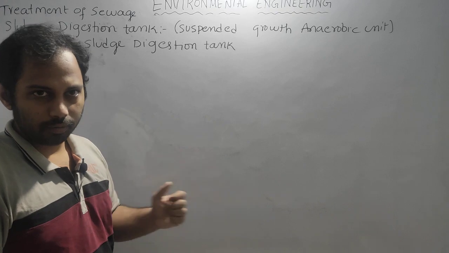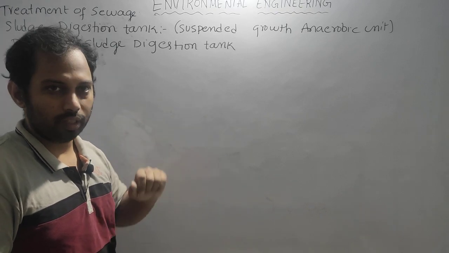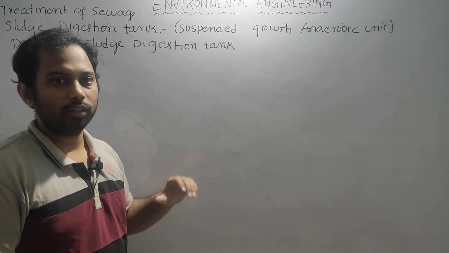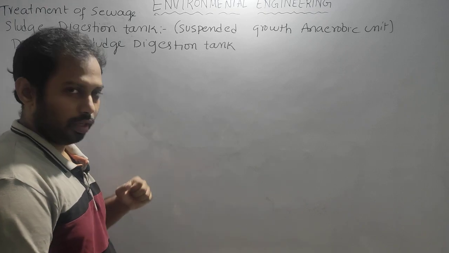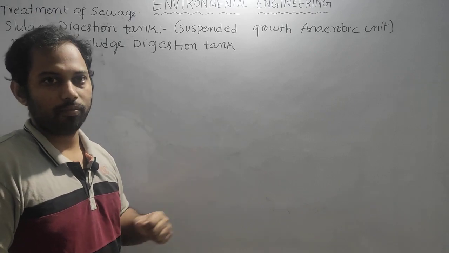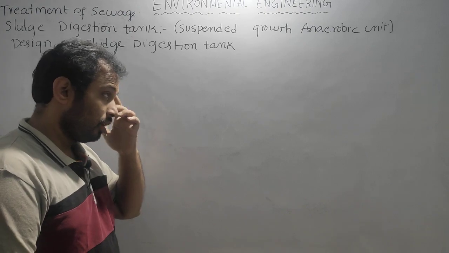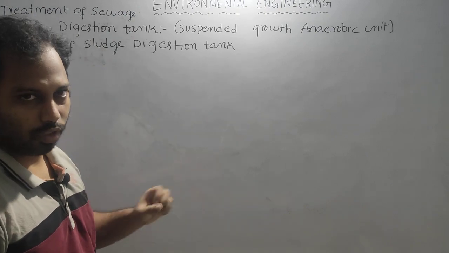If it is linear, then in that manner we will design the sludge digestion tank. If it is not linear, if it is parabolic, okay, generally it may be linear or it may be parabolic. Linear means there will be some relationship between these two.